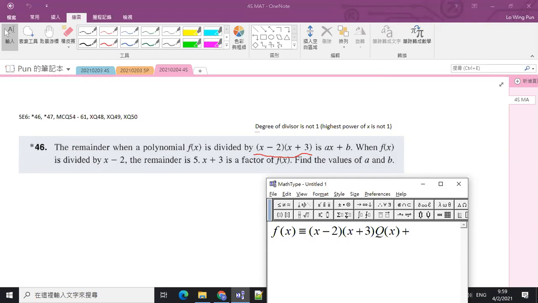The remainder is given to be ax + b, right? So this is how we can build up the identity using the division algorithm.